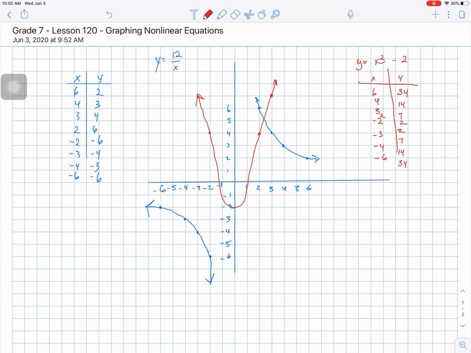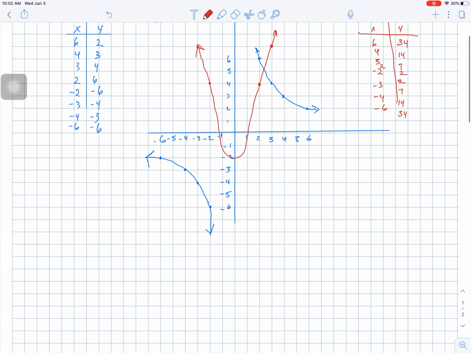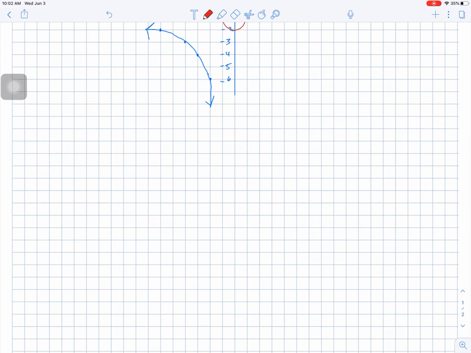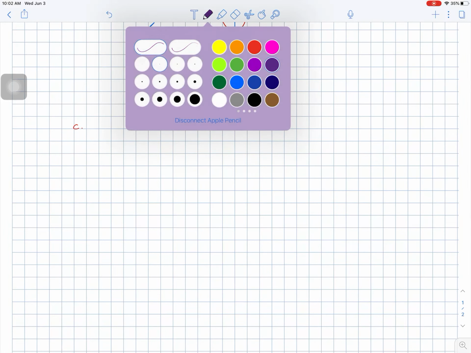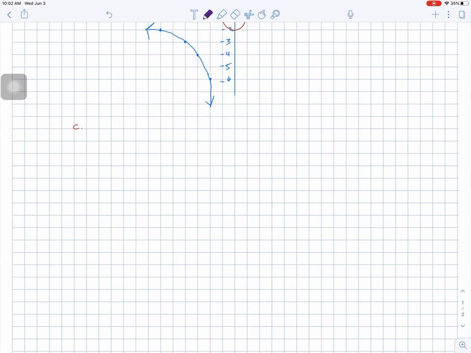All right, so C. Let's do C over here, and we're actually going to change our color. The equation is y equals 10 over x. So we're going to go x, y, build our little chart.